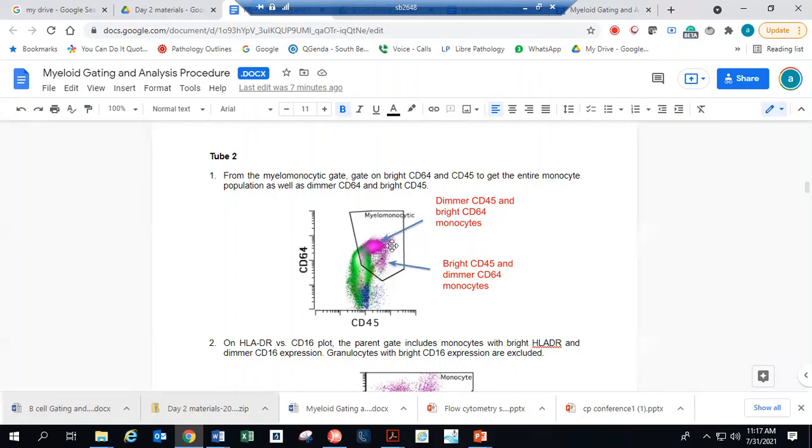So for this myelomonocytic population, they are gating on both populations, dim CD64 and bright CD64. If you remember our Brentwood article, that's what we were talking about, that CD64 has kind of a maturation pattern, and in the more mature monocytes it will be brighter as compared to the immature monocytes.